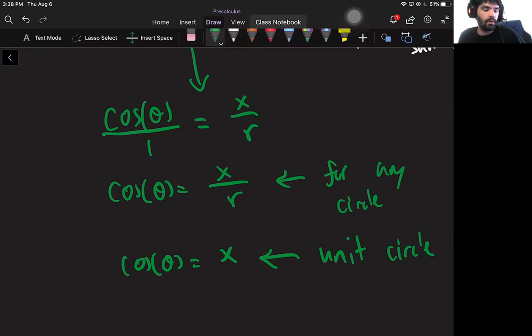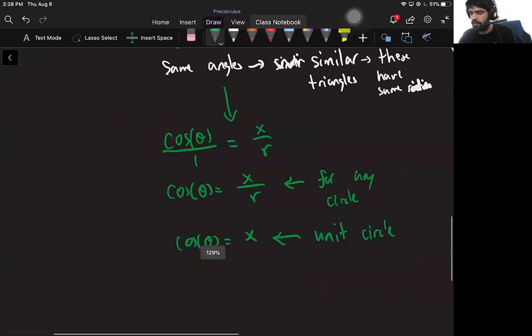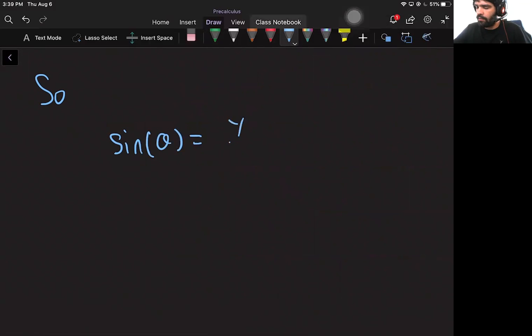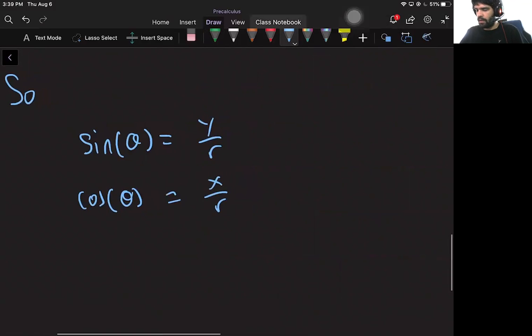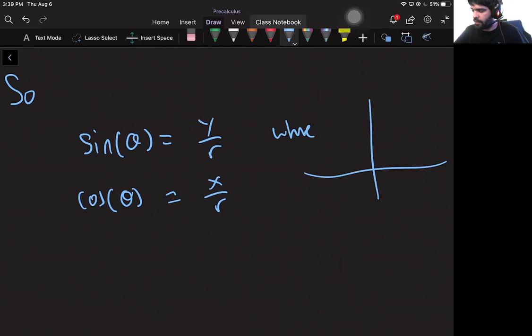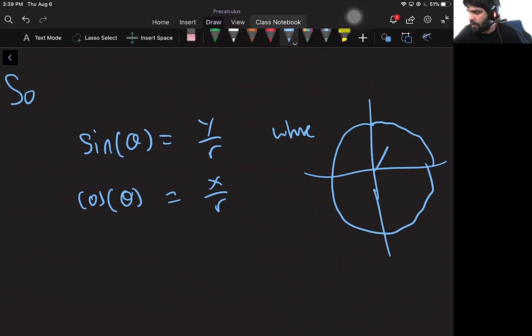So sometimes what people do, let me recompile this information down here. People often just say sine is y over r, cosine is x over r, where you're in this situation where you have a circle. Really, you don't even need the circle, you just need the radius.